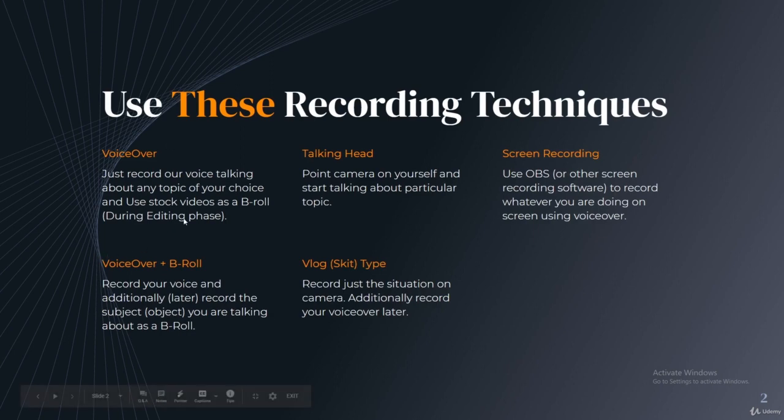As for the voiceover plus B-roll that you record, it usually works for videos that are product based. For example, if you are making a review of a keyboard, you take footage of the keyboard, you record it on a camera, if you have a camera, of course, or on a phone.